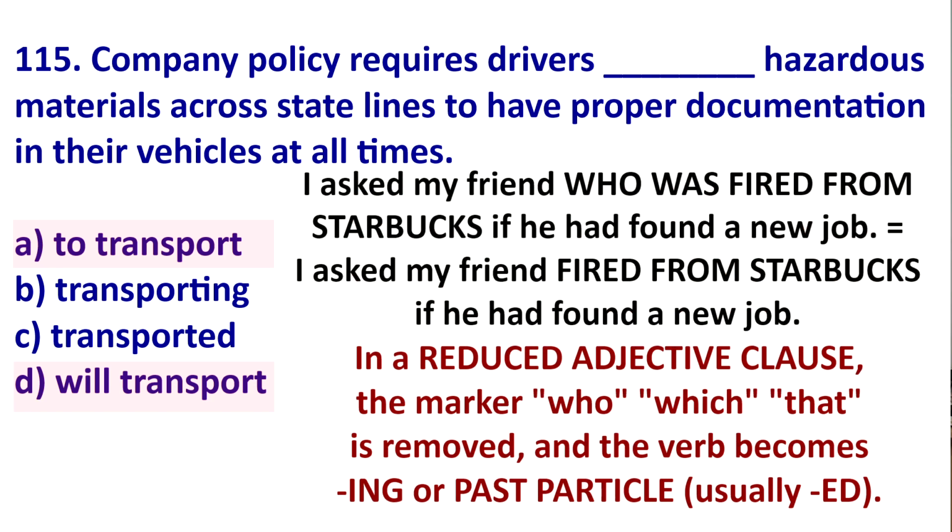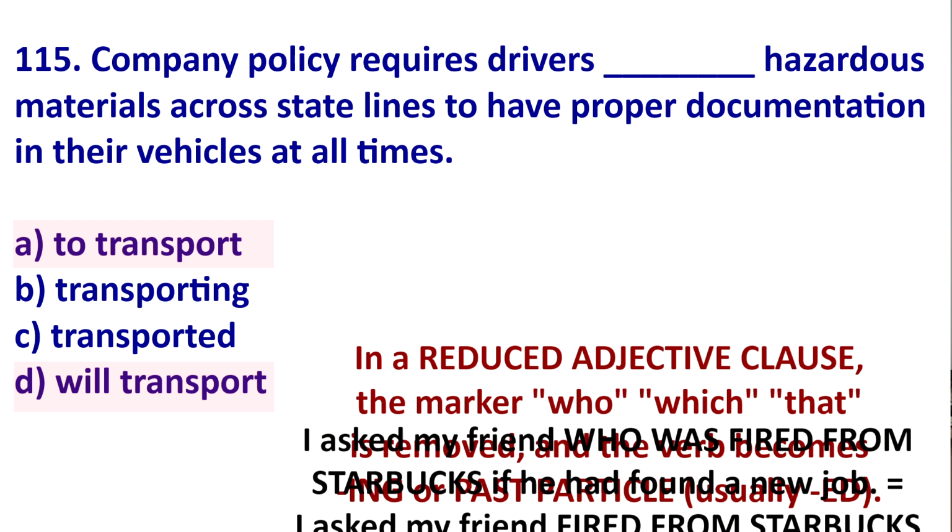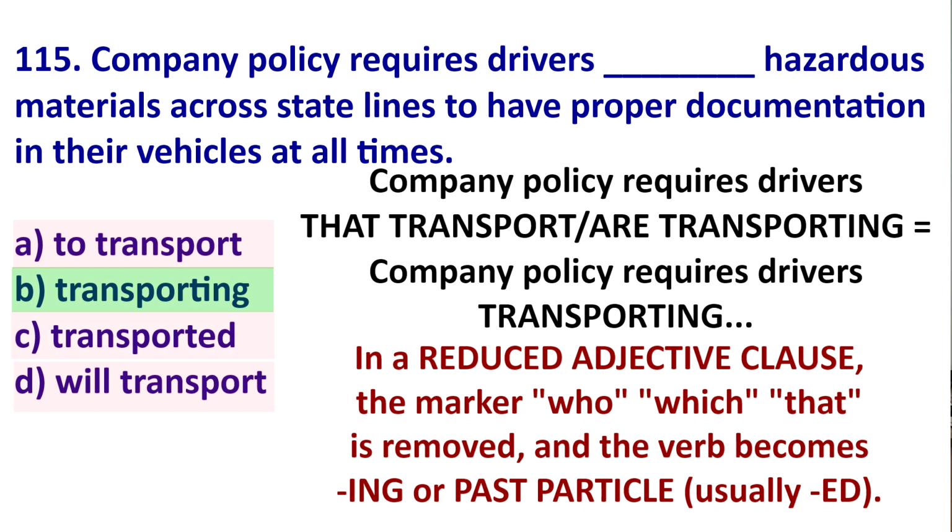Another example, I asked my friend who was fired from Starbucks if he had found a new job. So here I can reduce this and take out who and was. I asked my friend fired from Starbucks if he had found a new job. Or, to get the answer on this TOEIC question, company policy requires drivers that transport.